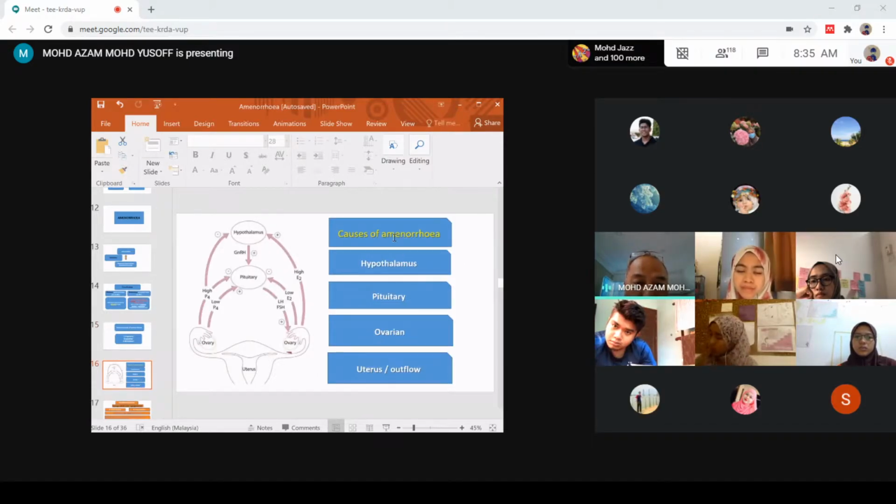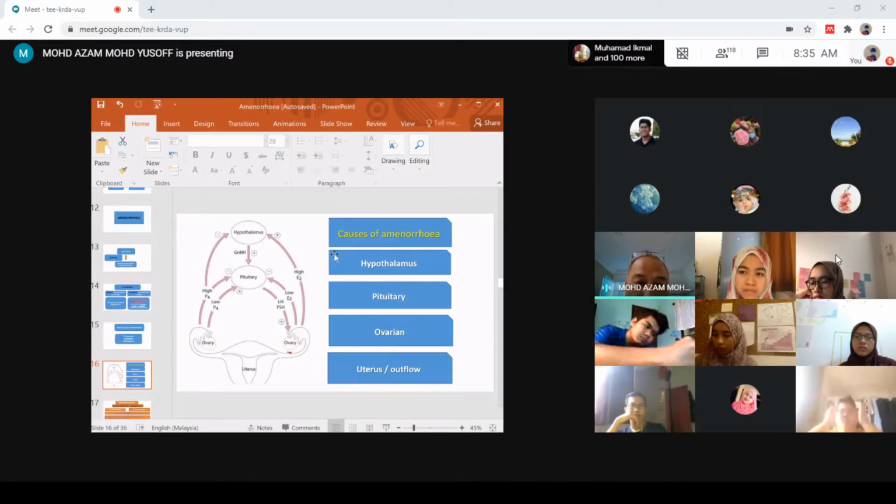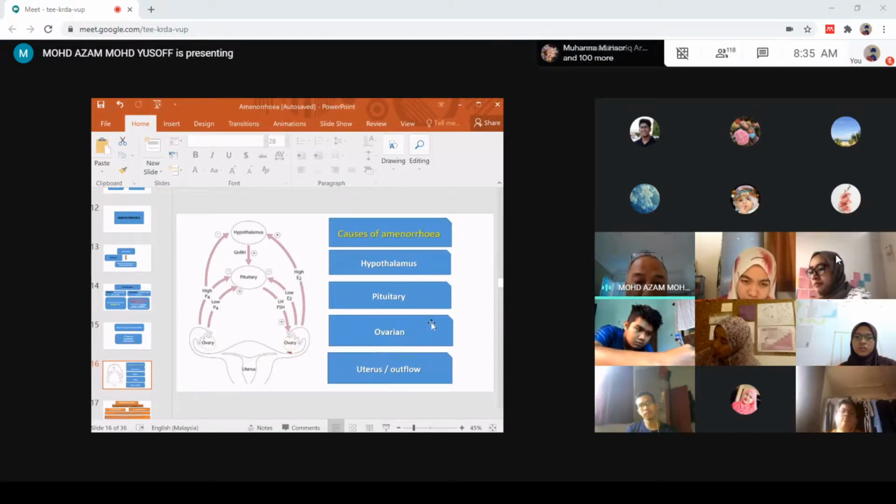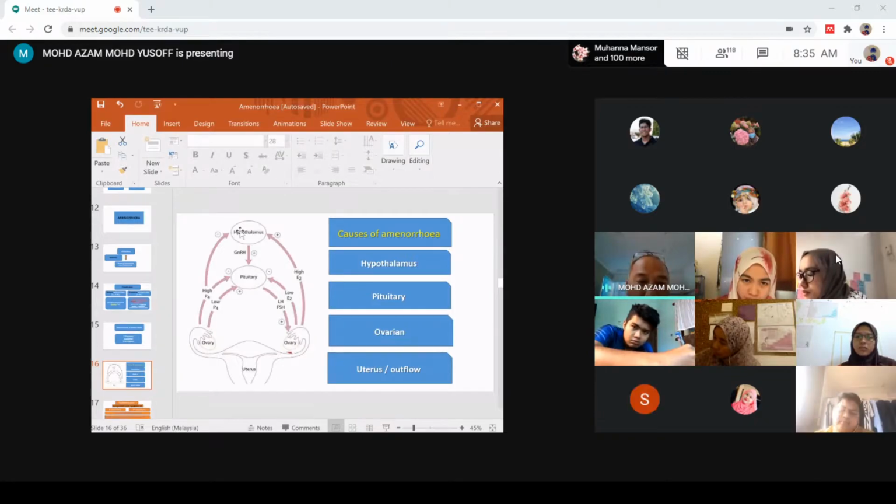So for causes of amenorrhea, if you go down the ladder, there are hypothalamic causes, pituitary causes, ovarian causes, and sometimes I would put uterine and outflow causes together. There are four levels. Hypothalamus, pituitary, and ovary are usually the hormonal interaction, isn't it?